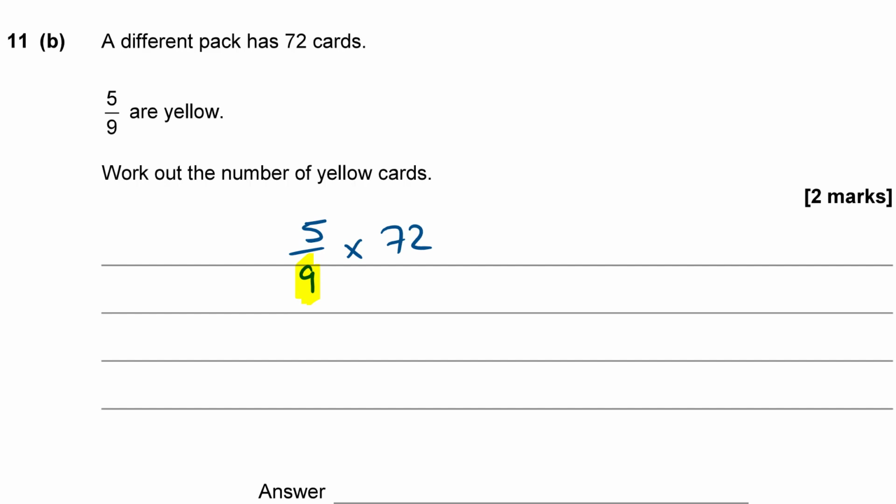So I'm going to do that as 2 separate steps. I tend to do the division first because that gives me smaller numbers to deal with. So 9s into 72 I know go 8 times. 8 9s are 72. So that's the same thing as 5 times 8. And 5 times 8 is 40. So my answer is 40.